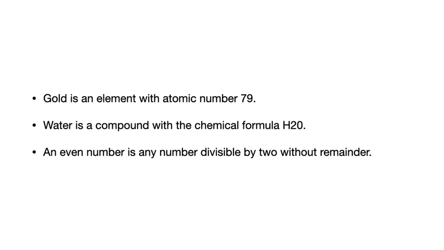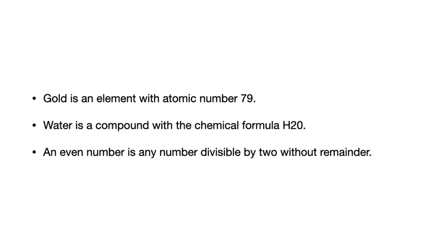Another science definition: water is a compound with chemical formula H2O. All water is this stuff, and all of this stuff is water. And only water is this stuff, and only this stuff is water, right? An even number is any number divisible by 2 without remainder.